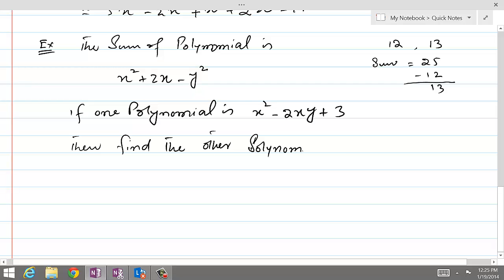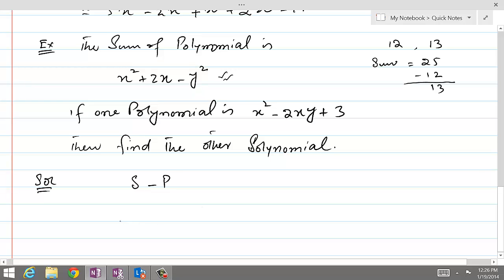So here we have the sum of two polynomials. That is, if polynomials p and q both were added, their sum was given, that is x square plus 2x minus y square. So solution: if we take away from the sum the polynomial p, this will give us the other polynomial, which is q.